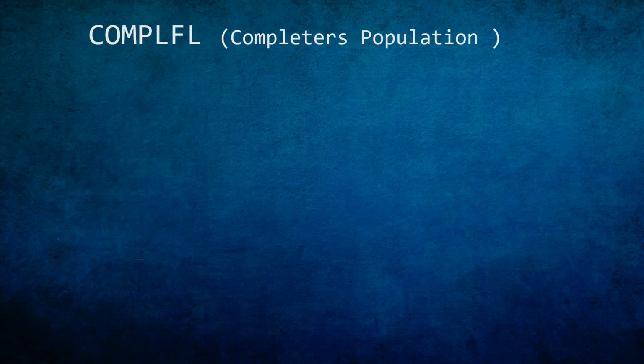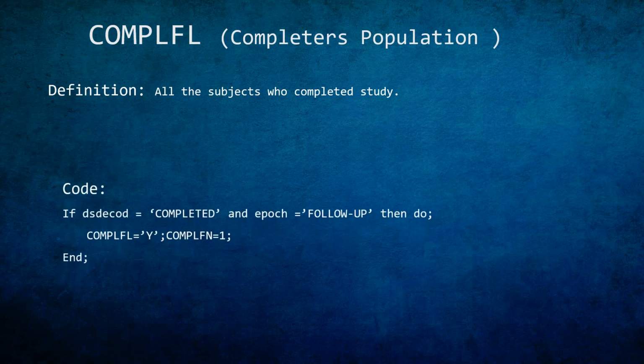The next flag is the completers population, and this says all the subjects who completed the study come under the completers population. The code is: if DSDECOD equal to completed and epoch equal to follow up, then this flag equal to Y, else the completer population flag equal to N.